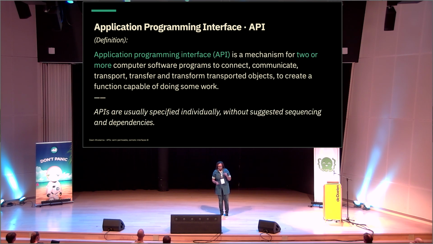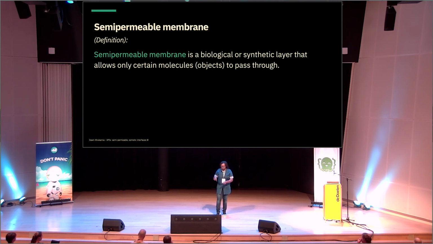They're usually specified individually without any suggested sequencing and dependencies. So you can pick up an open API definition, and the first thing that you have to work out as a developer is, okay, which one comes first, in what order, and how am I supposed to use it? It's not actually there in the documentation, usually.